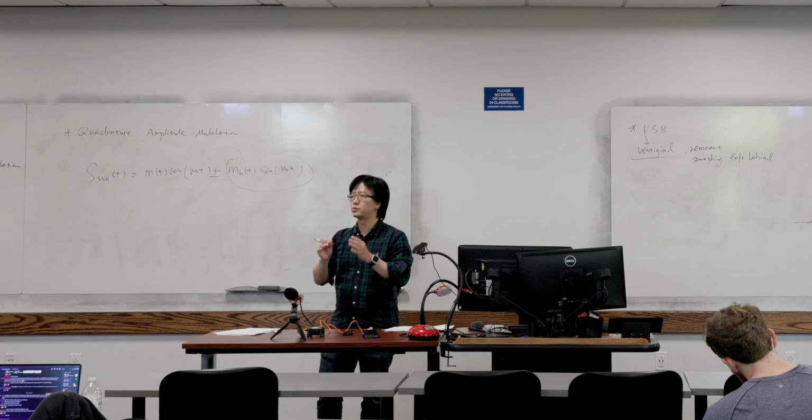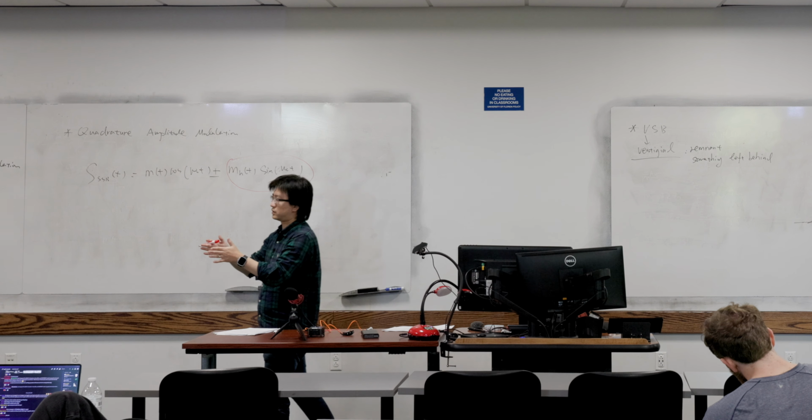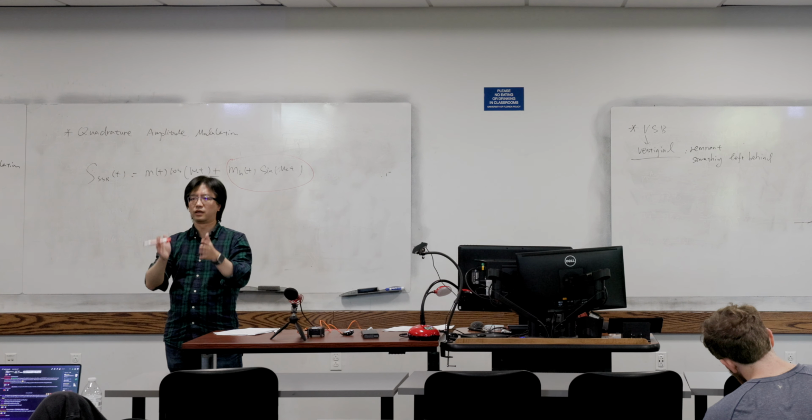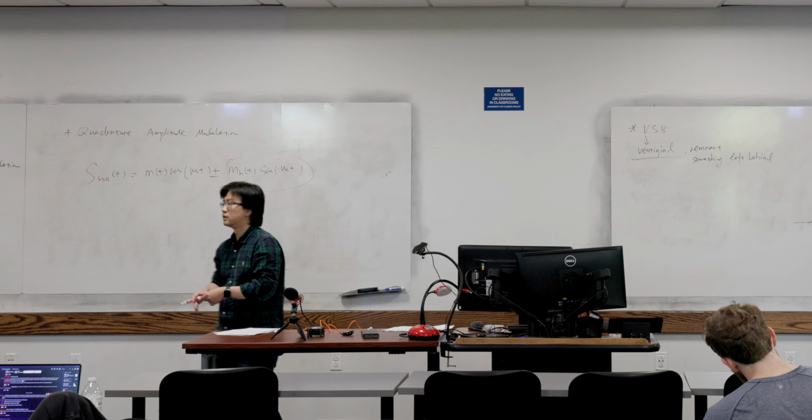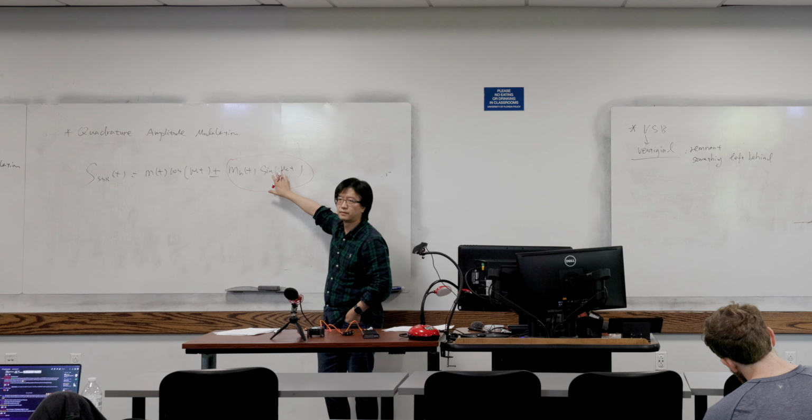Basically what we do is that we use half of the bandwidth to transmit the same thing. So equivalently, how about we use the whole bandwidth but transmit 2 messages? Does that make sense? In other words, we still transmit something like this.